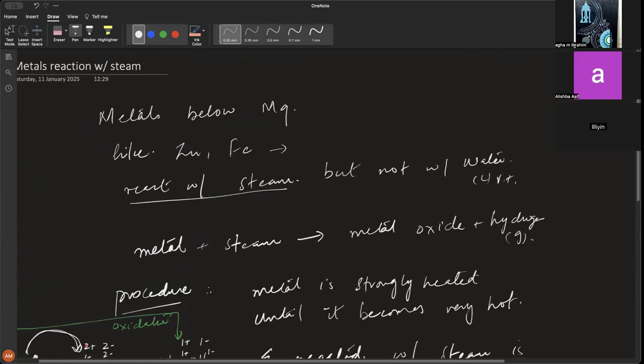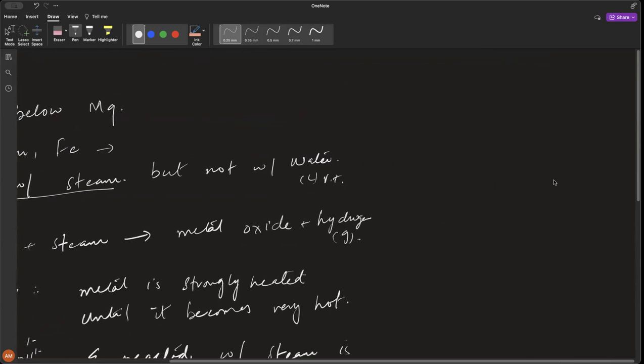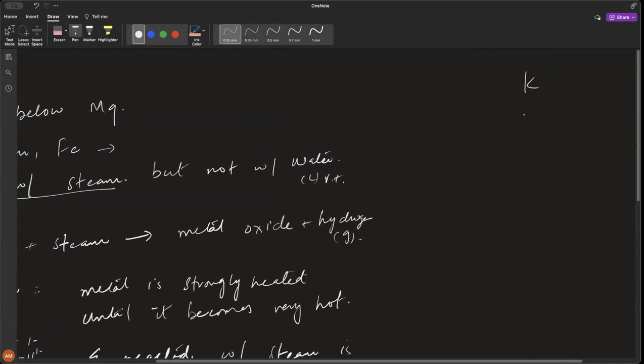If you could recall the reactivity series: potassium, sodium, calcium, magnesium, aluminium, zinc, iron, and between iron and lead there was hydrogen over here. I have written it outside because this is not a metal, but still it comes in the reactivity series. Then we have copper, silver, and then gold.